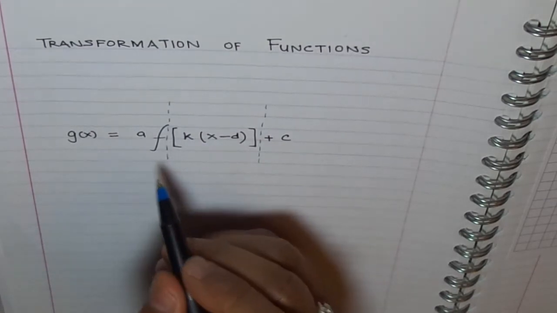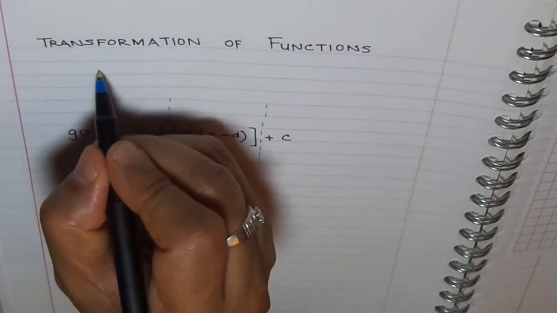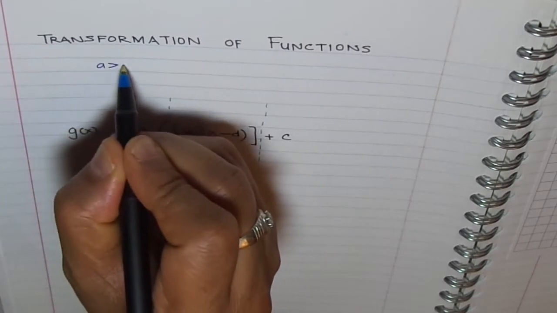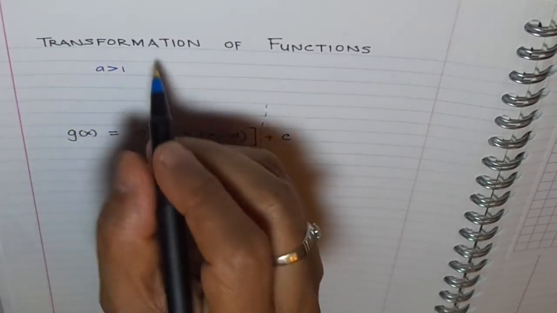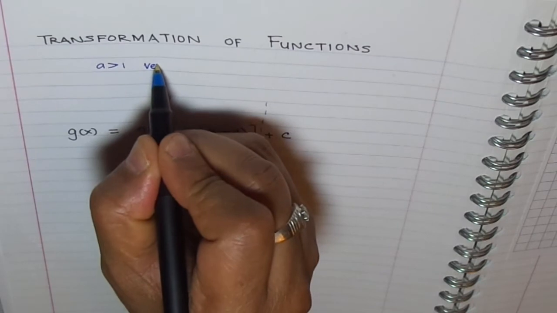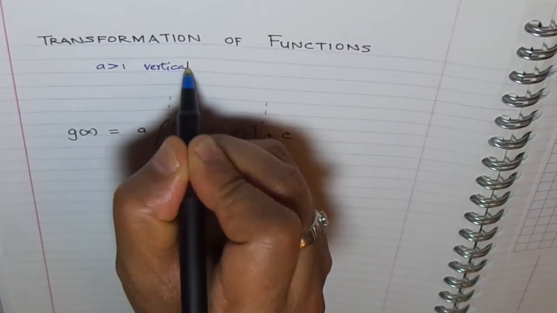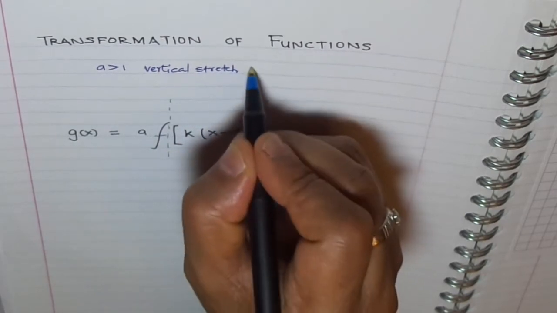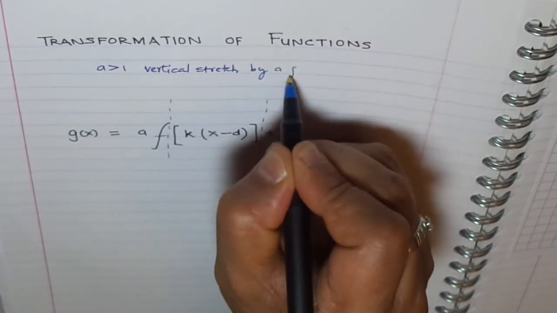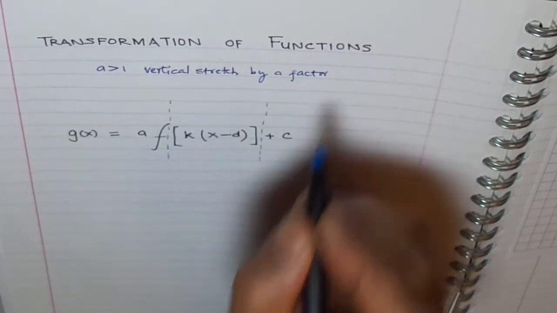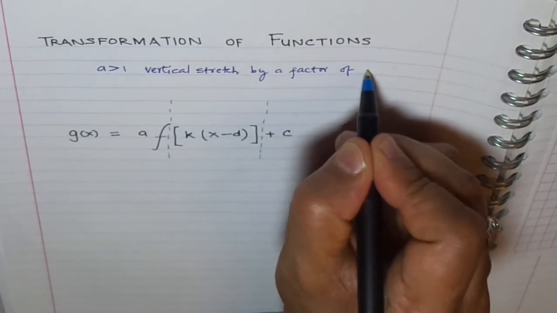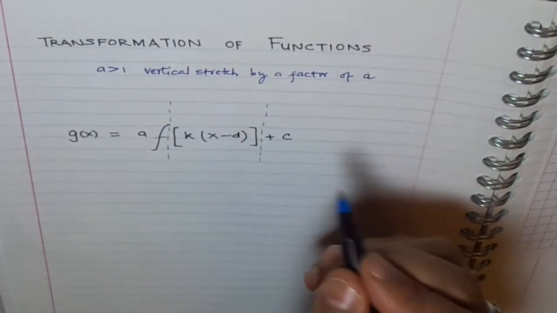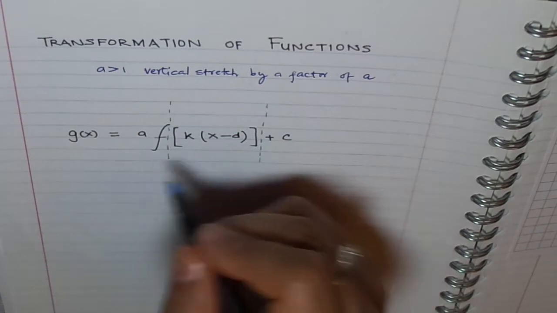If the value of a is greater than 1, then we say there is a vertical stretch by a factor of a. That means all the f(x) values get multiplied by a.